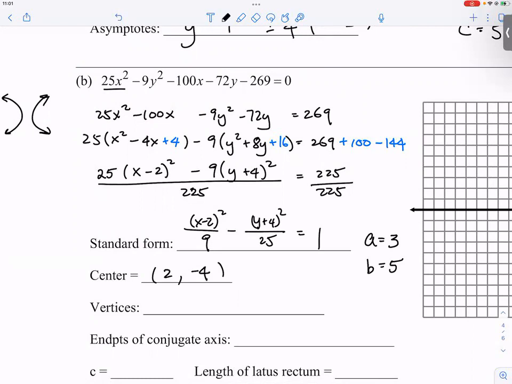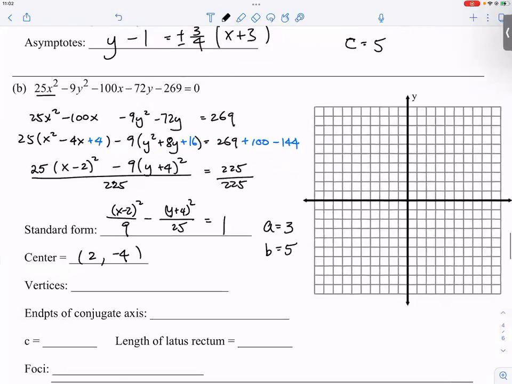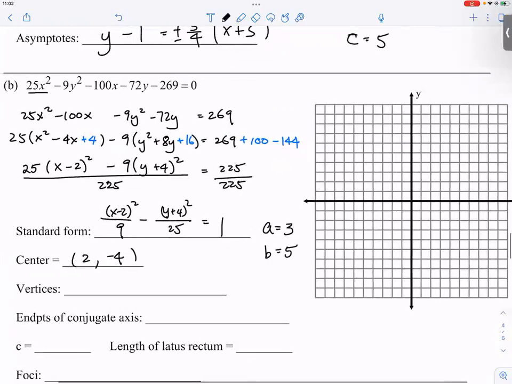Okay. So this one, it's a horizontal hyperbola. So you have (2, negative 4) right here. So A, it's 3. So you have the vertices there, left and right of the center, 3 units away.